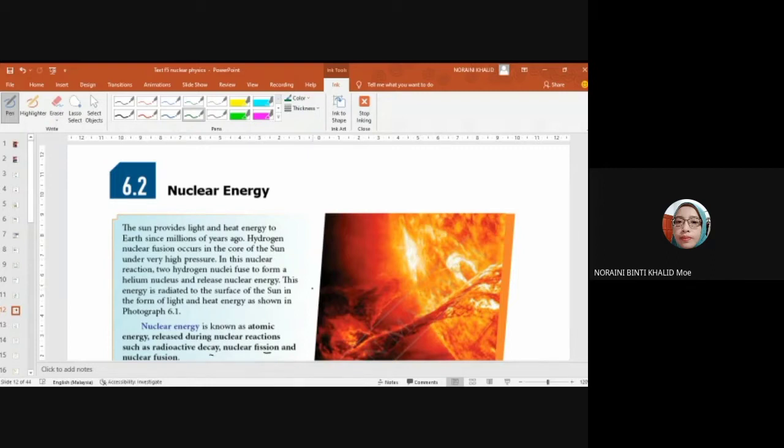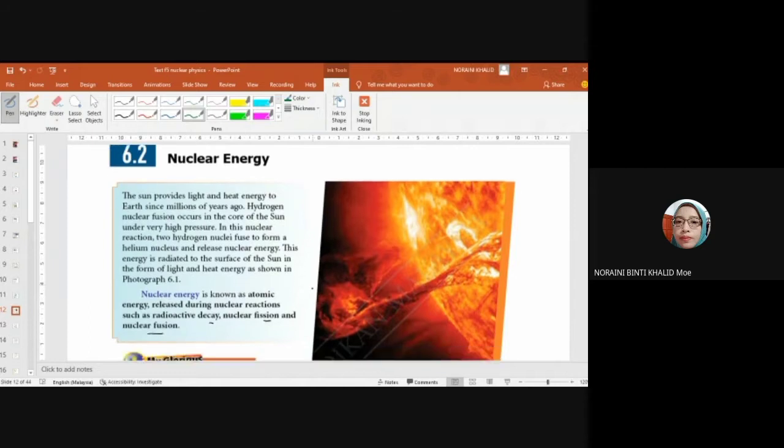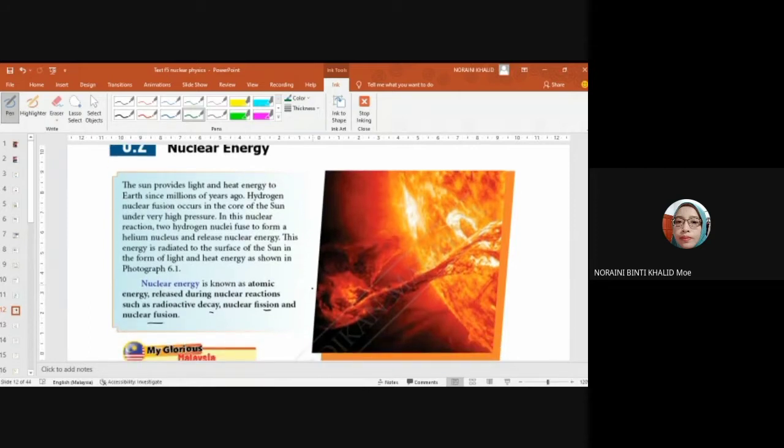Nuclear energy, known as atomic energy, is released during nuclear reactions, such as radioactive decay, nuclear fission, and nuclear fusion. In 6.1, we have discussed radioactive decay.